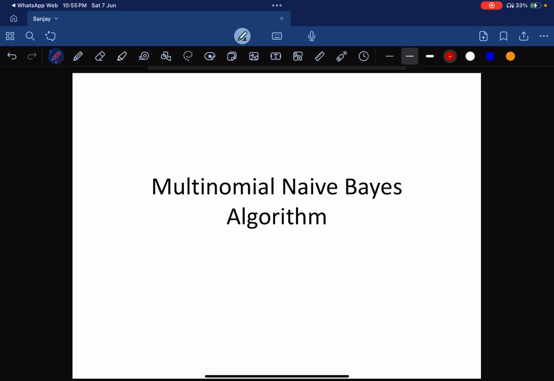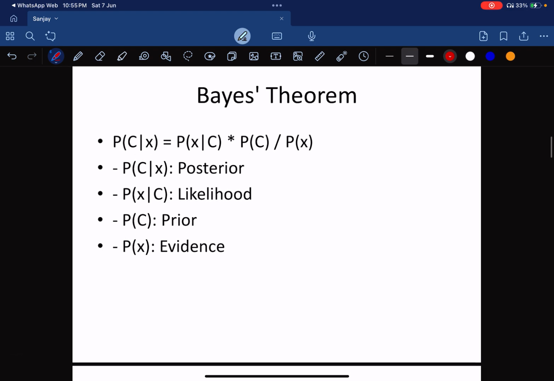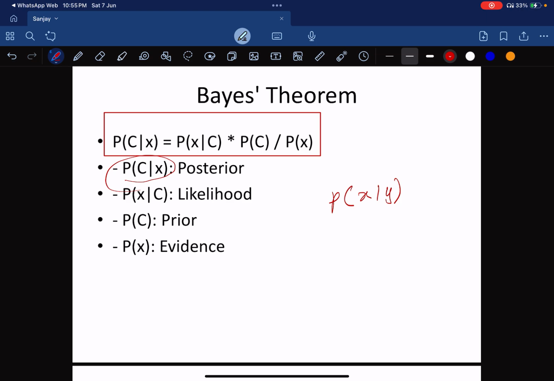So first let us see Bayes theorem. This is the Bayes theorem and the equation looks like this. This term is called conditional probability. If you see a probability written like p of x slash y, it is read as the probability of x given y.